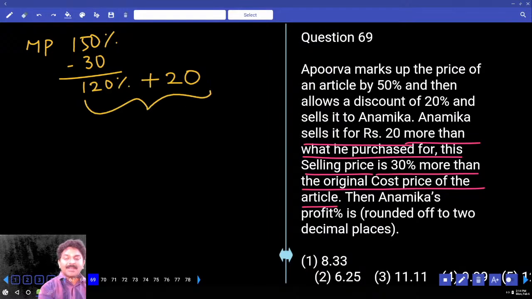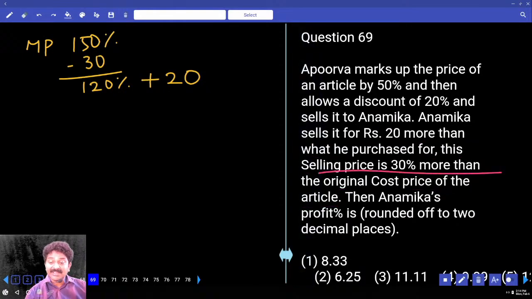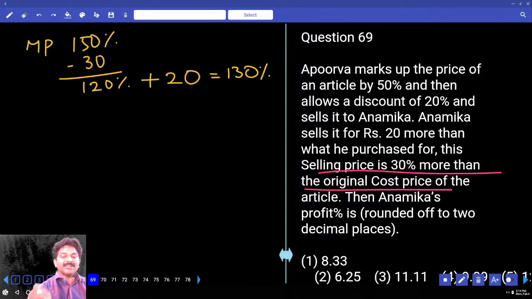So for Anamika, this is selling price only. Cost price is 120%. Plus 20 rupees, if you add, then it becomes selling price. And that is equal to 30% more than the original cost price. What was original cost price? 100%. Original cost price was 100. Now if it is 30% more, we can say that is 130%.